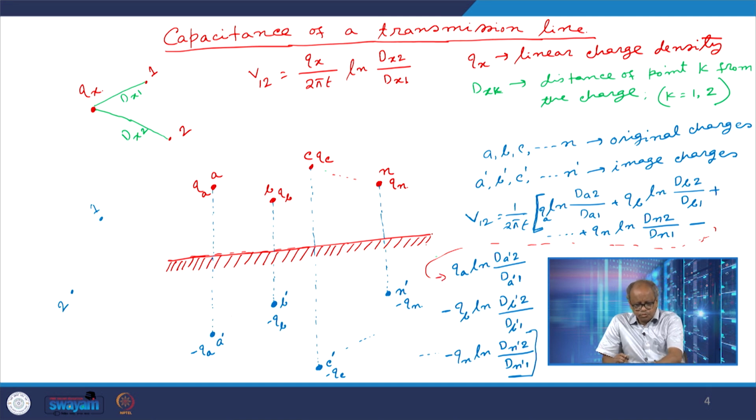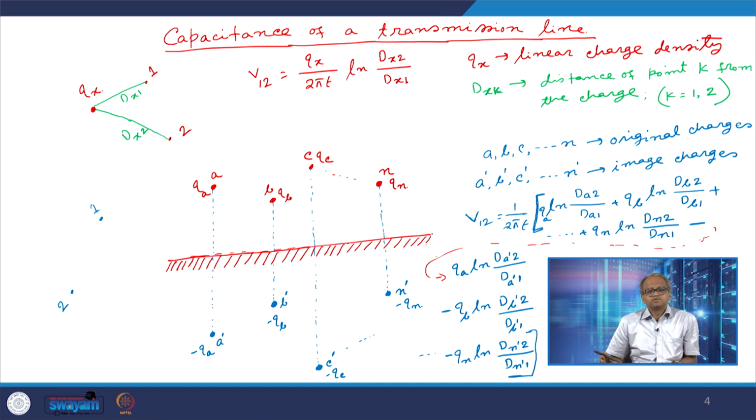So this would be the total potential across point 1 and 2 due to the presence of all these charges. So QA, QB, Qn, and then minus QA, so this minus due to this, then minus QB, then minus Qn, and these are the distances.